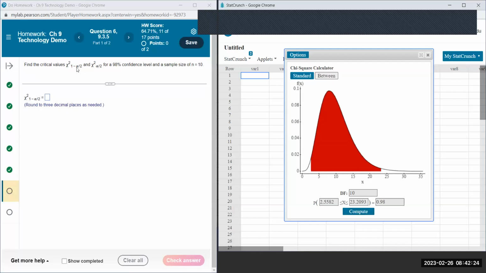The one that says 1 minus alpha over 2 is the one on the left, and the one that says alpha over 2 is the one on the right. What we're looking at is the cutoffs. If we were doing a sample and we got something in this region, it would be unusual results. Or if we got something over here, it's considered unusual results. So this allows us to see what the cutoffs are. Wherever the center is, here's the peak.